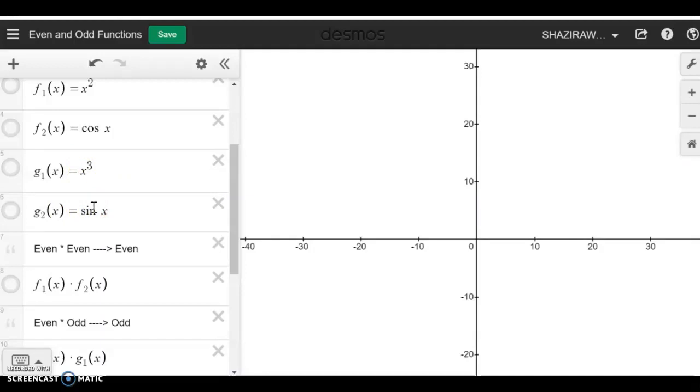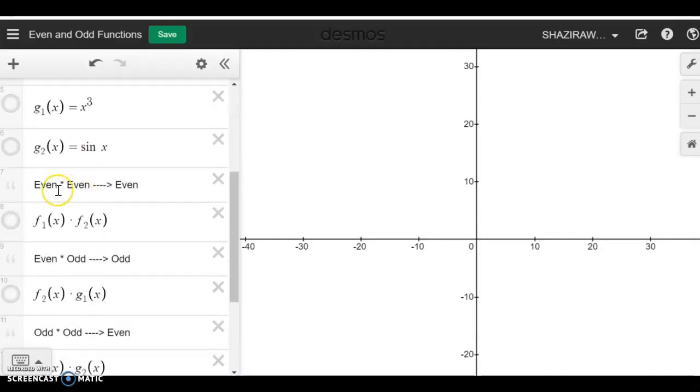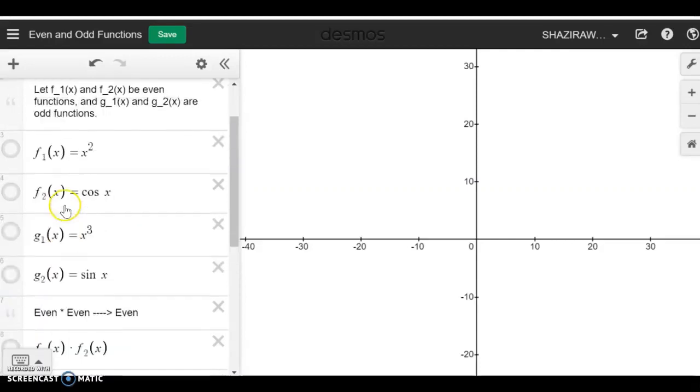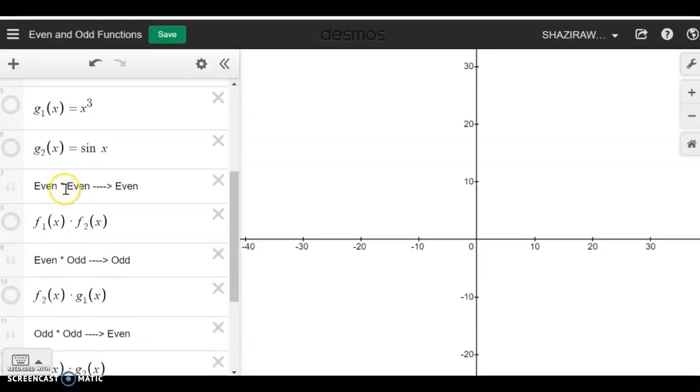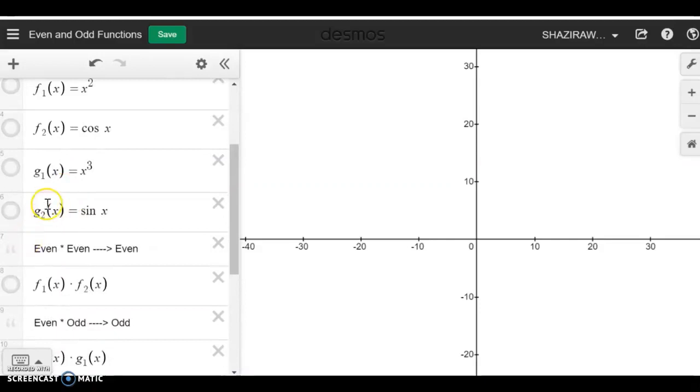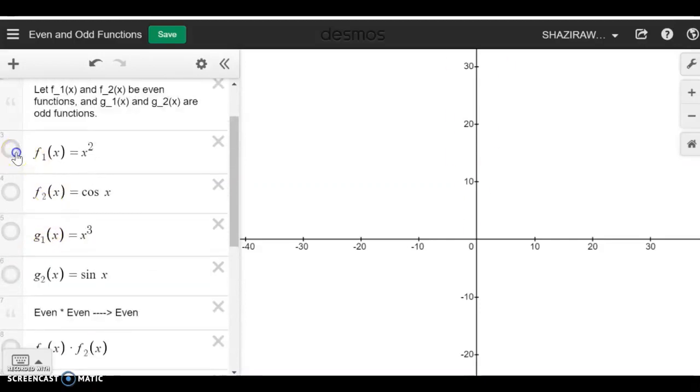We'll look at the first one: even times even will be even. f1 and f2 are both even, x squared and cos x. First of all, let us look at the individual graphs.